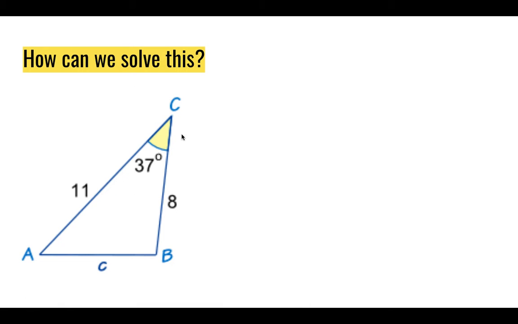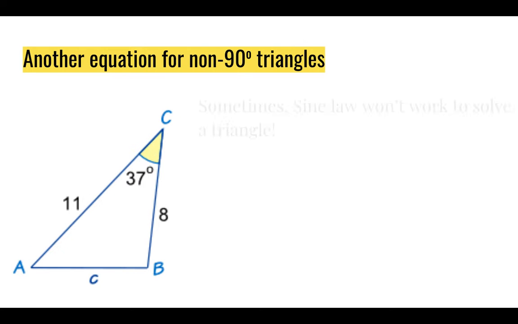So this means we can't solve this triangle with what we know. We can't use Pythagorean theorem. We can't use SOHCAHTOA because those all deal with right angle triangles. And we can't use sine law. So that's why we need to introduce another law for non-90-degree triangles, and that is the cosine law.